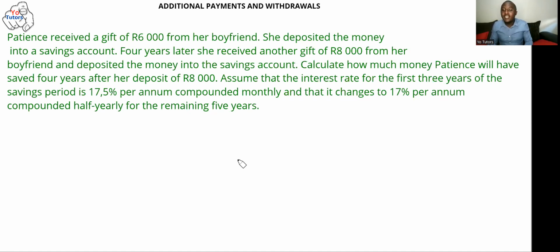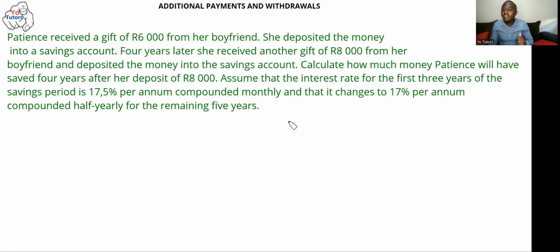Calculate how much money she will have saved 4 years after her deposit of 8,000. Assume the interest rate of the first 3 years of the savings period is 17.5% per annum compounded monthly, and it changes to 17% per annum compounded quarterly for the remaining 5 years.